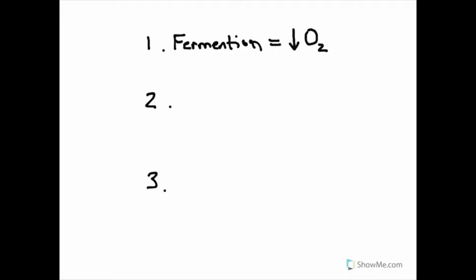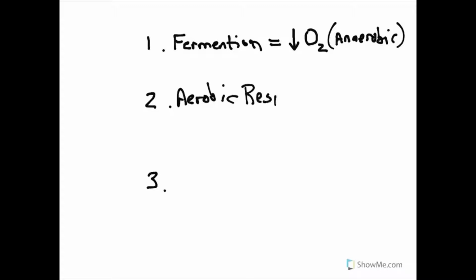Now, as we get into this, since it's low oxygen, we actually refer to this as being without oxygen, so it's an anaerobic process. This is an anaerobic type of catabolic reaction. Whereas aerobic respiration, which we also refer to as cellular respiration, is overall cellular respiration.